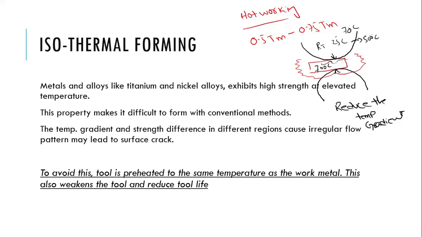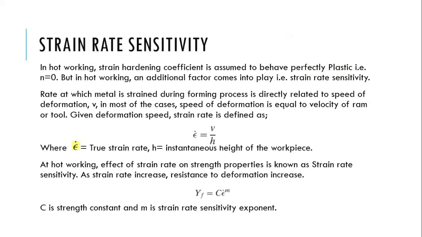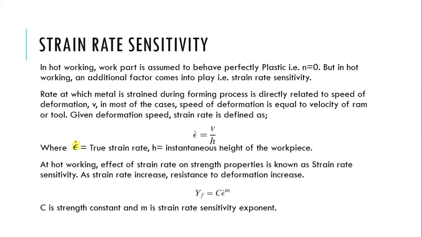Now the next topic in this chapter is the strain rate sensitivity, and this comes into play in the case of hot working. As we know, in hot working the strain hardening is theoretically zero.